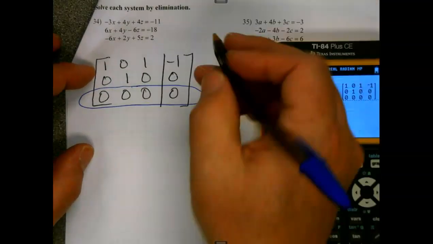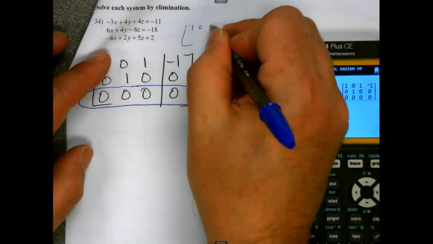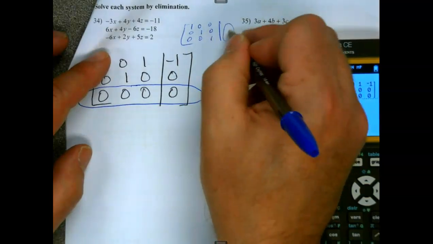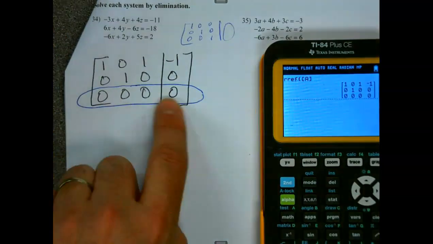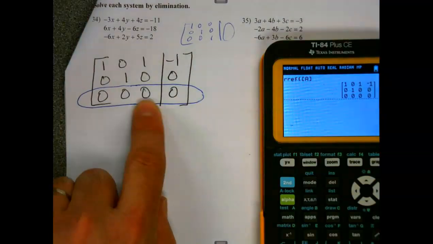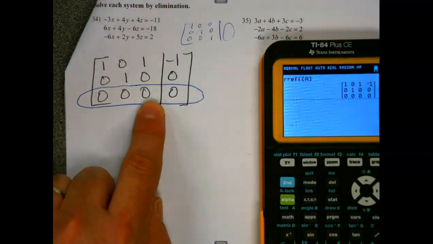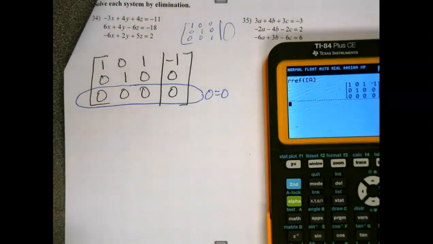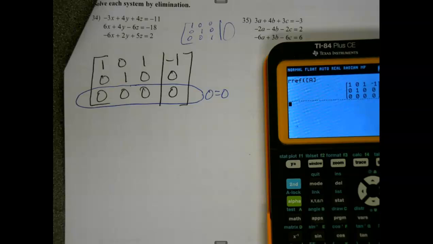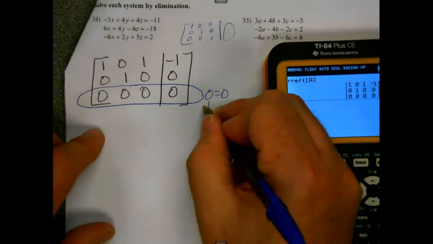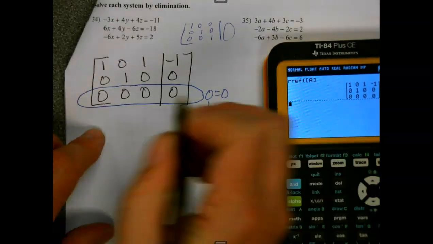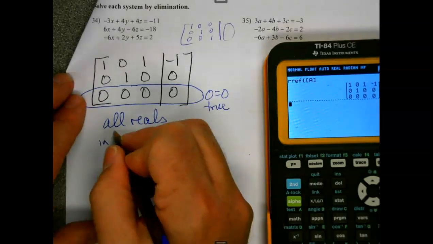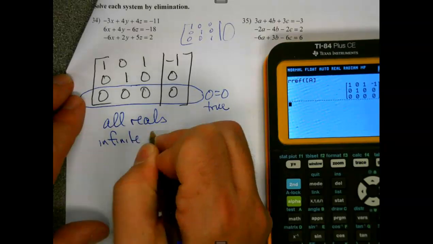So here's the deal. Normally, we're used to seeing this. And then those numbers are the answers. If you get a weirdo one where it's all zeros in the bottom, what does that mean? That says 0 equals 0. Wait, we've seen that before. If 0 equals 0, that's true. All reals, we've called it infinite solutions.